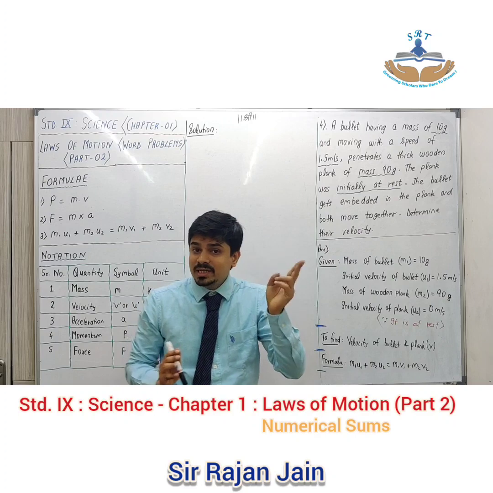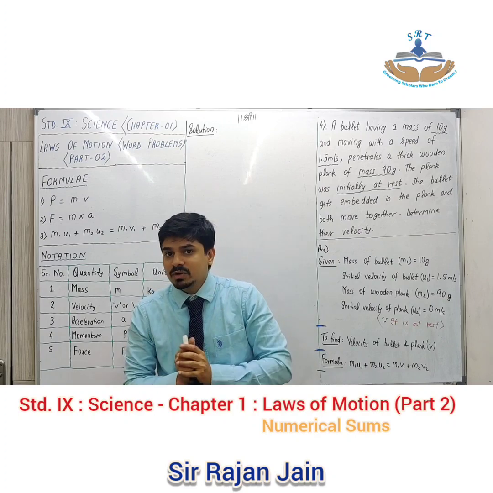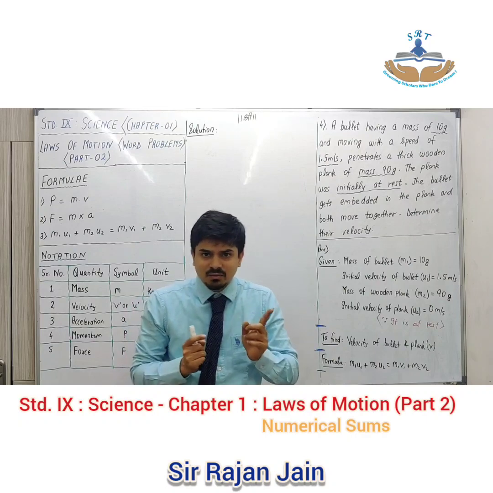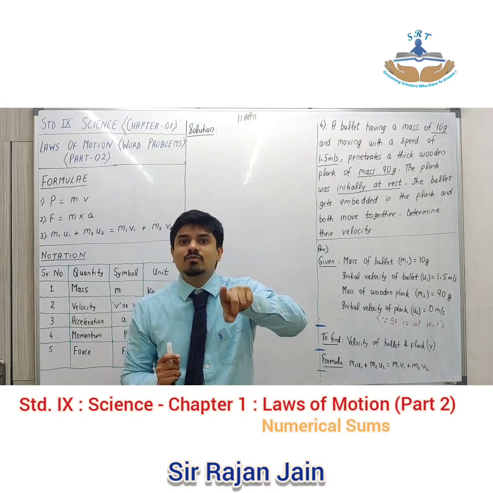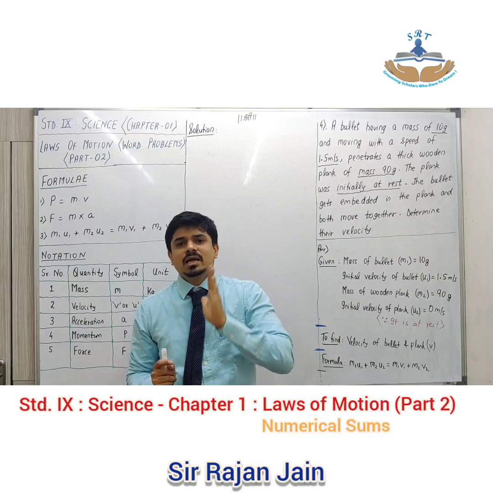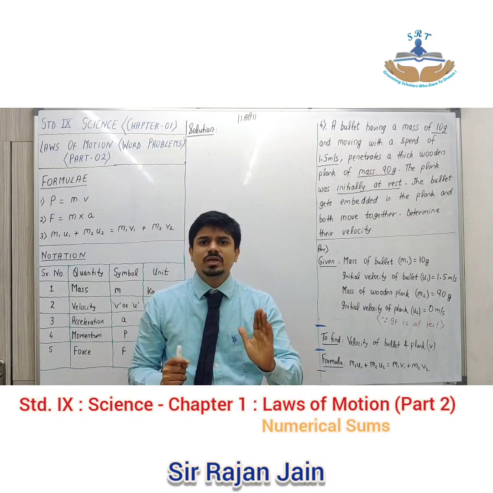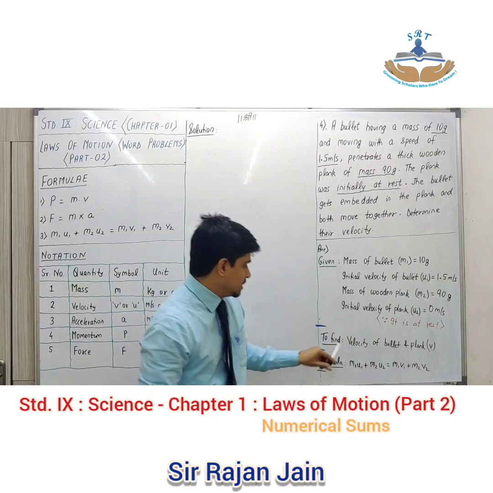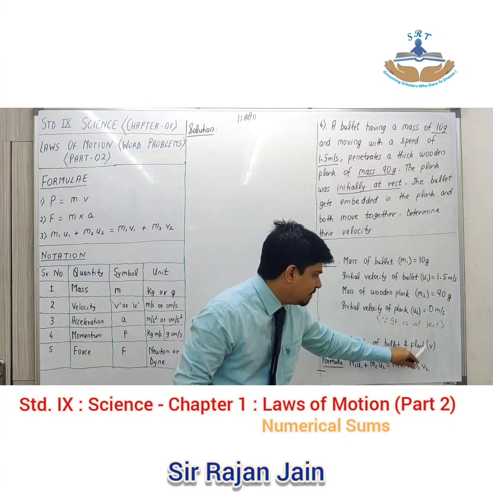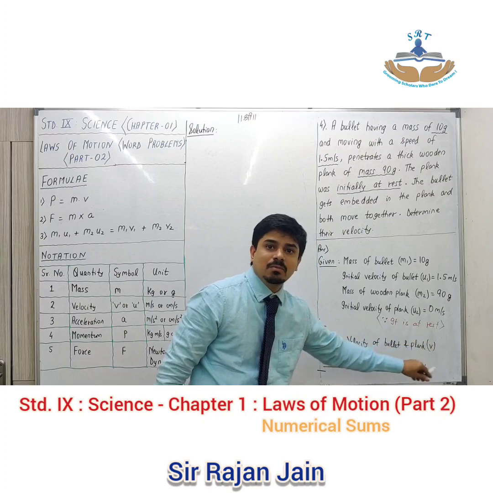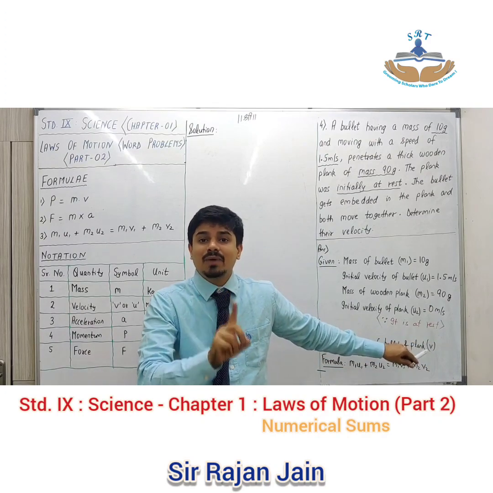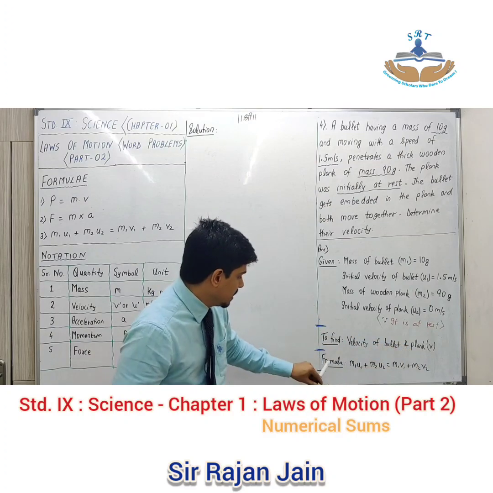Okay, and final velocity of the bullet we will take it as v1, of the plank we will take it as v2, but v1 and v2 in this case have the same value. Okay, so I'll say let v1 be equal to v2 be equal to v. That is the velocity that they are telling us to find. So to find velocity of bullet and plank, and I'll be denoting that by v. I am not going to make use of different notations because their value is going to remain the same.